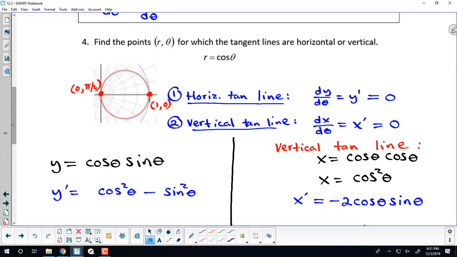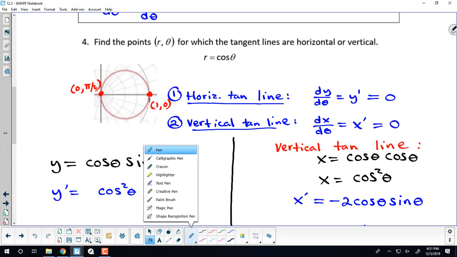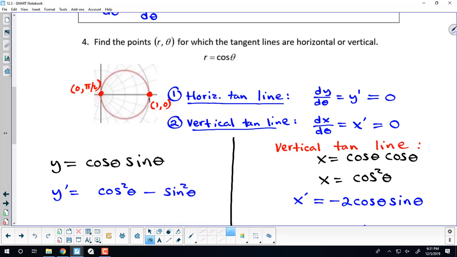And remember here in polar, that equation, r equals cosine theta, describes a circle that's been shifted to the right, because we want to think of this as 2 times 1/2 cosine theta. So there our a is 1/2. The center's been shifted over to the right 1/2, and the radius is 1/2.